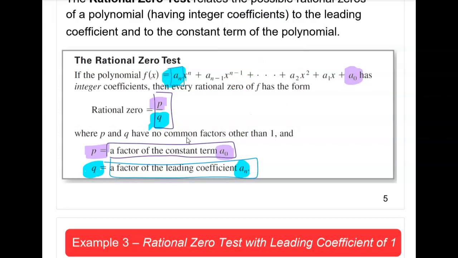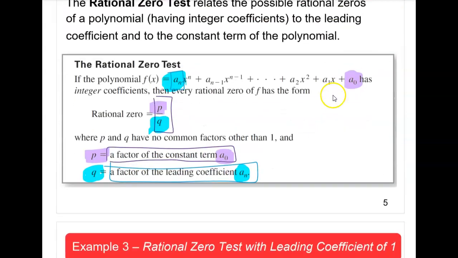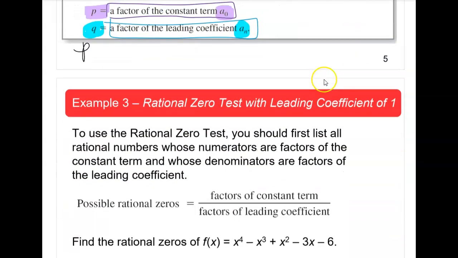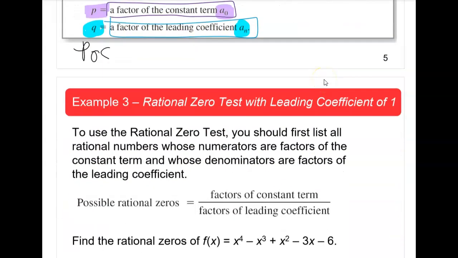Now I want to clarify that with this test, the rational zero test, we are finding possible zeros. It doesn't mean that all the numbers that we find will be the zeros.